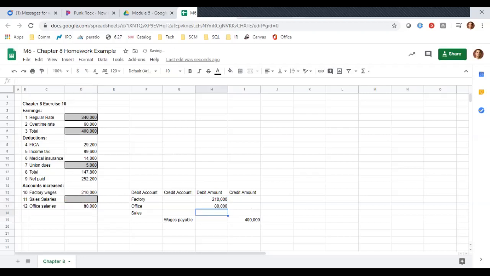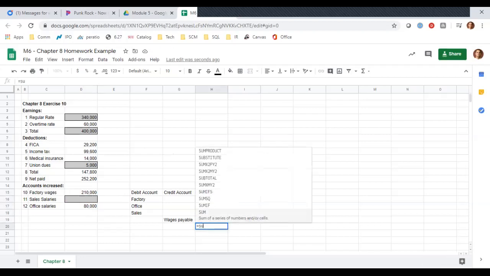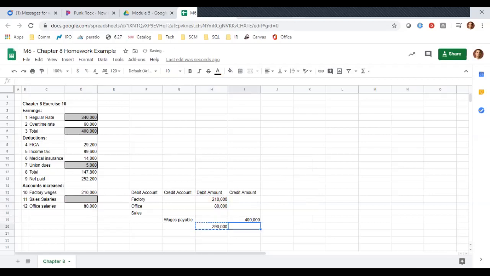Okay, so our sales are just going to be the difference because our debits have to match our credits. So our sales salaries are going to be, we'll just finish it up over here.